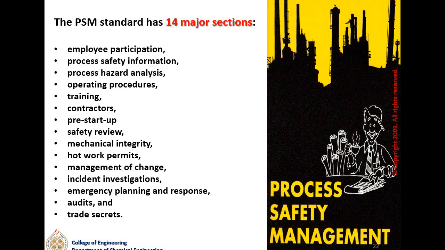These include employee participation, process safety information, process hazard analysis, operating procedures, training, contractors, pre-startup safety review, mechanical integrity, hot work permits, management of change, incident investigations, emergency planning and response, audits, and trade secrets. So you can see these 14 major sections.